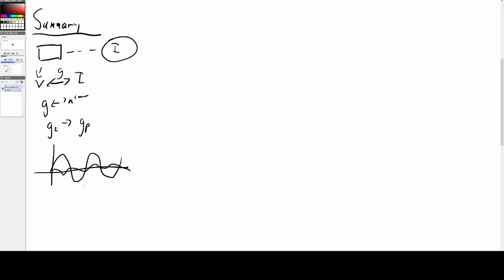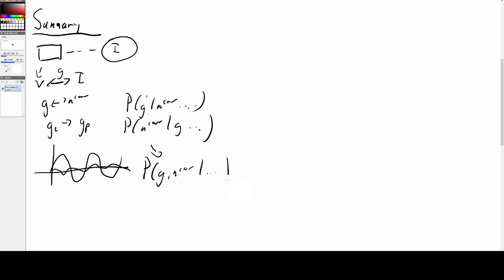And then the final thing we looked at was that instead of sampling P of G given N_corr, and then sampling N_corr given G, which, when these two are degenerate, makes for a very slow exploration of the parameter space, we replace this with joint sampling of G and N_corr.